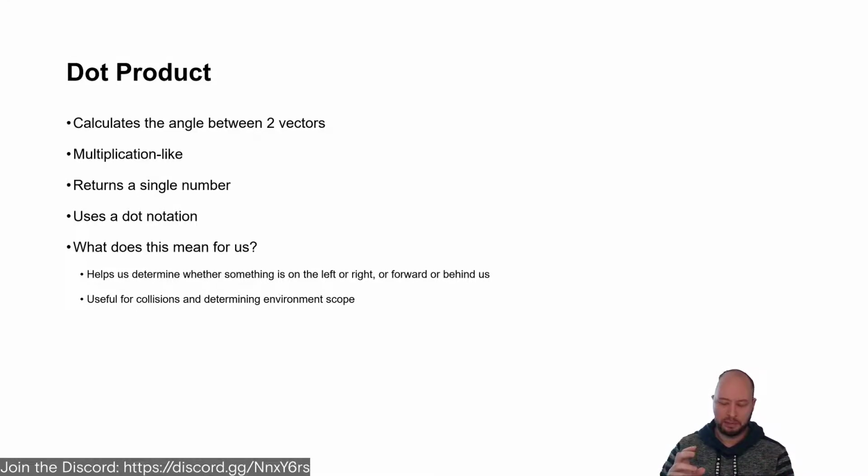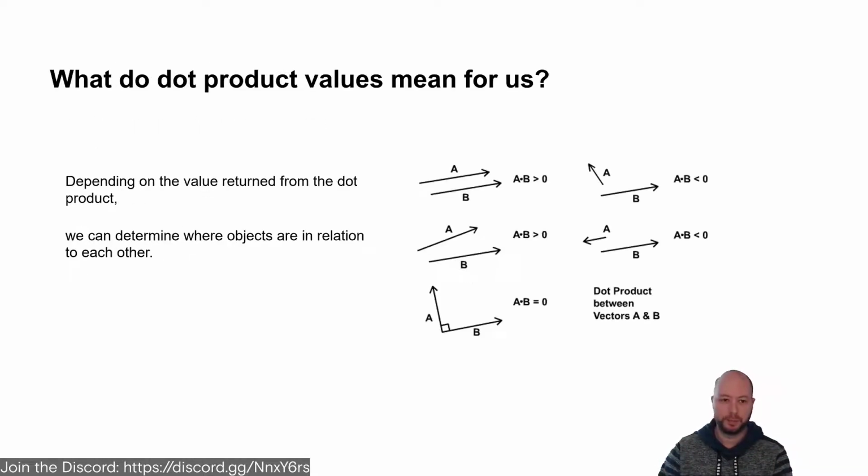So unlike a matrix multiplication, or say multiplying a matrix by a vector or a vector by a matrix and so on, a dot product will just give you a value. And that value we can then use to determine the angles of those two vectors. And if we know enough information about those vectors, we can determine whether or not something's in front of that vector or behind. This is really useful for determining collisions and environmental information around you.